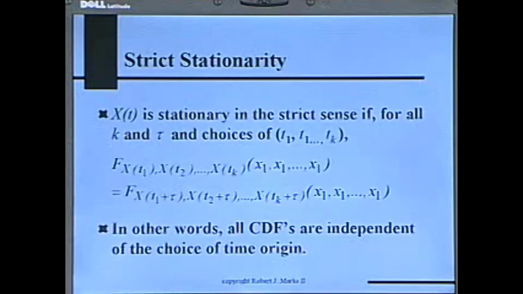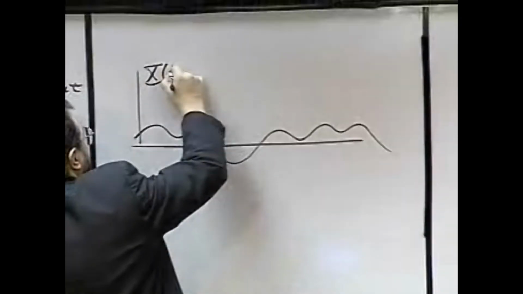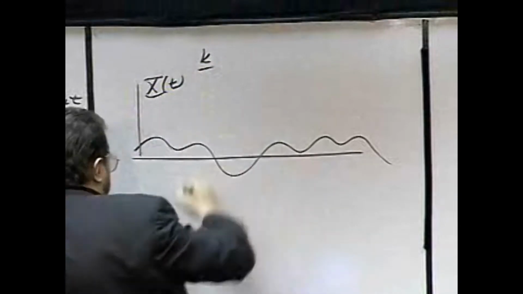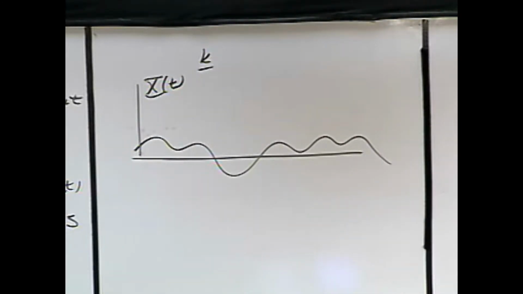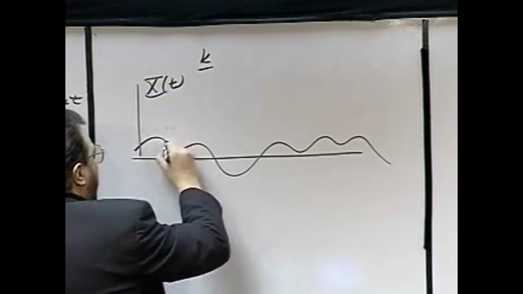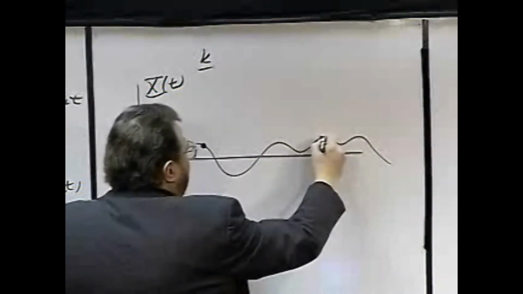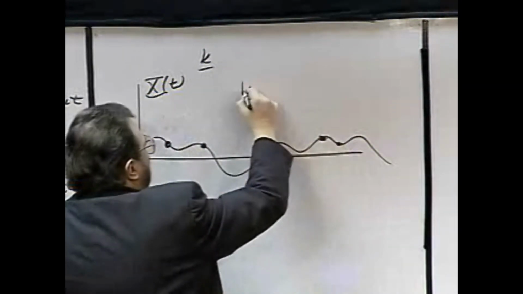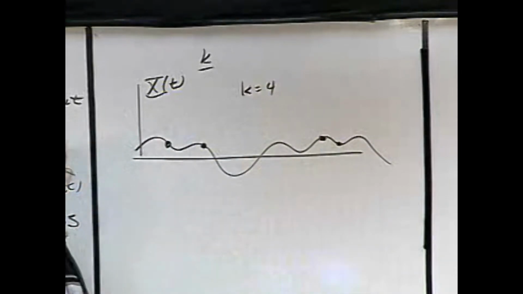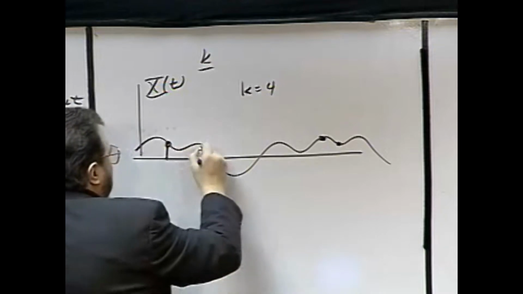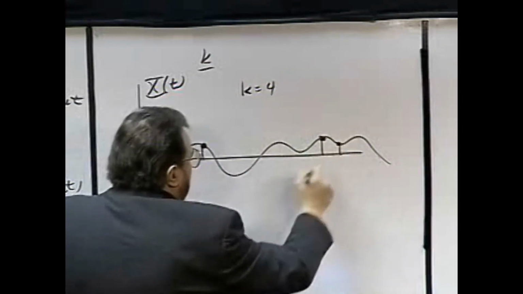Here's the idea of strict stationarity. I take a value of x of t, and I choose a value of k. K corresponds to the number of points I choose. So I'm going to choose a point here, and a point here, and a point here, and a point here. So I'm going to use k equal to 4. Now, I could use any value of k I want. If I do that, I'm going to get different random variables corresponding to these points.